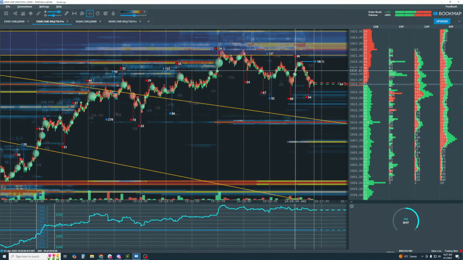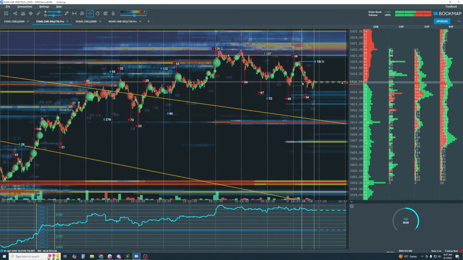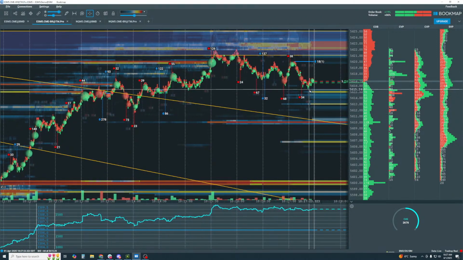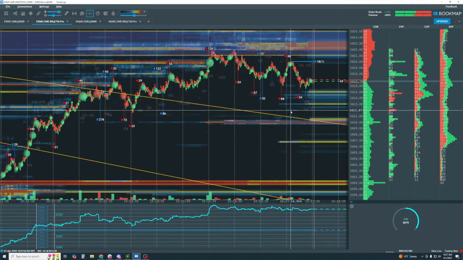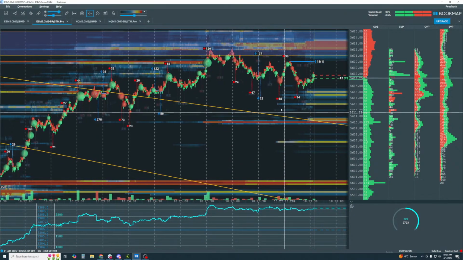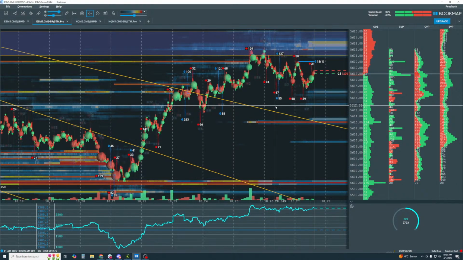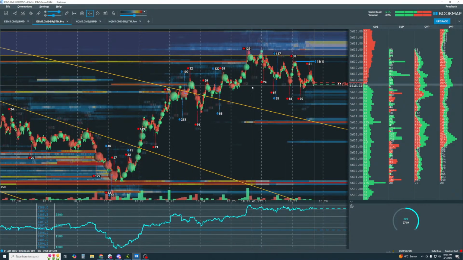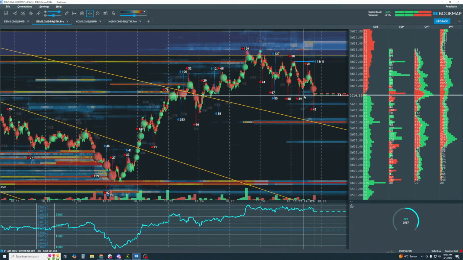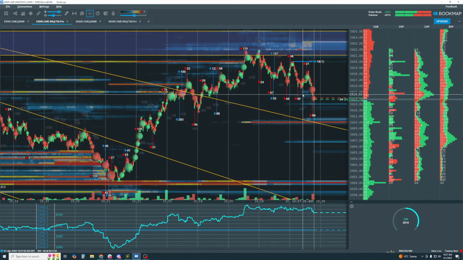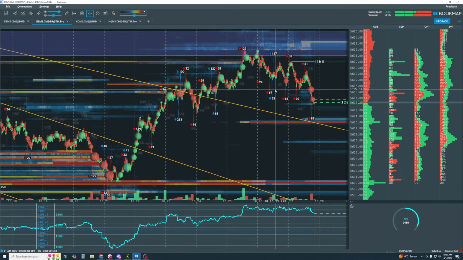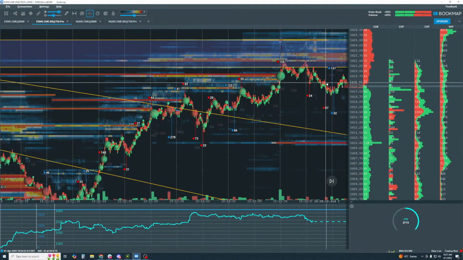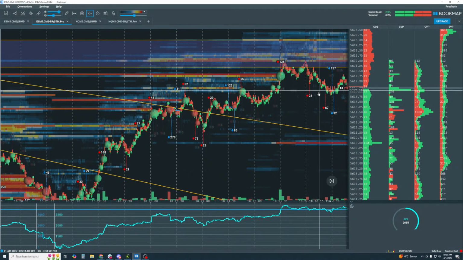Maybe it's starting to kind of shape up a little bit. We're starting to see more selling in here. And that's how these kind of topping patterns can unfold. Okay, so I would say up to this point, it looks like it's still kind of flagging.